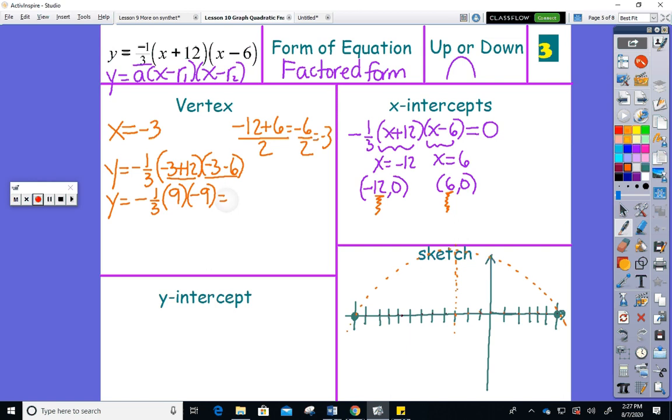I can say that's -1/3 of -81, because this is your -81. Negative times a negative is a positive, and 1/3 of 81 is 27. 81 divided by 3 and 1/3 of 81 are the same dill pickles. So the vertex is at (-3, 27).